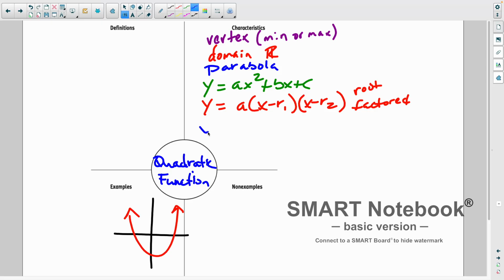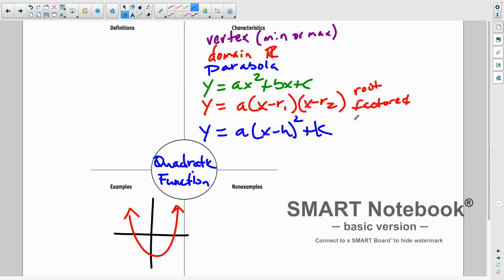Now, I'll give you another one. We'll be investigating more of these as we go, so we'll talk more about this. This is a third way that we can write this equation. Okay? Some of you probably have seen this before.